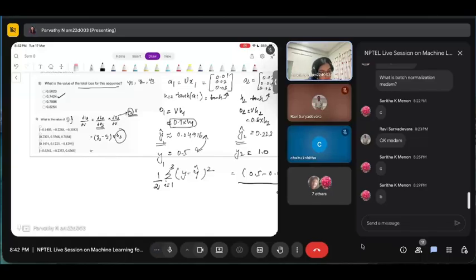So you should get minus 0.1403, 0.2268, minus 0.3083.